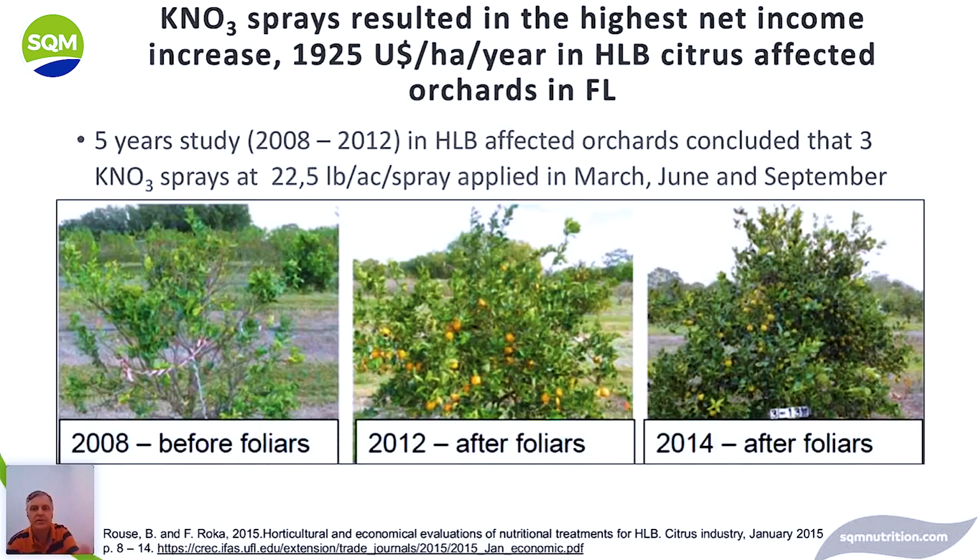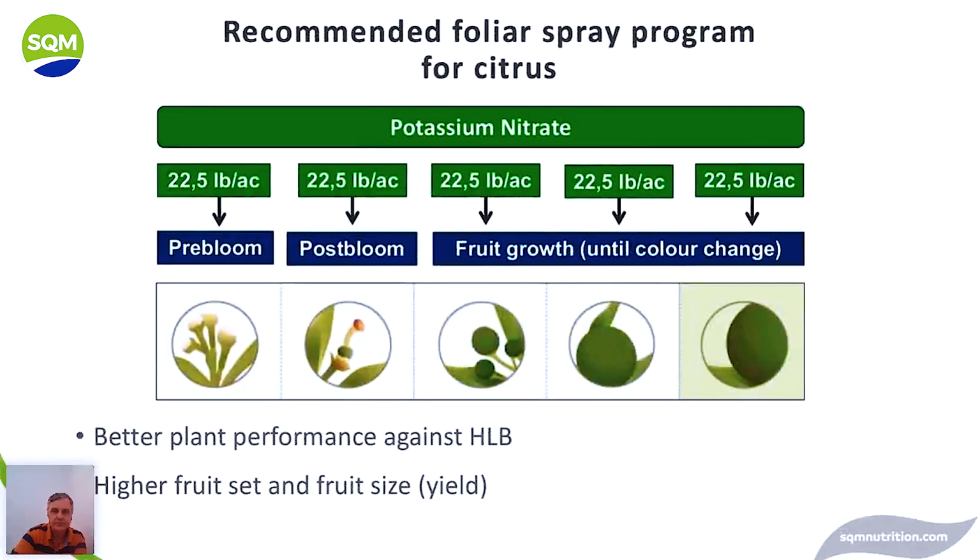You can see 2012 and 2014. At that time, they were doing 3 applications of potassium nitrate at 22.5 pounds per acre sprayed in March, June, and September. But in extreme situations, you can also do a monthly application, really in order to keep the shape of the plant. This is a standard program recommendation that you can use as foliar.